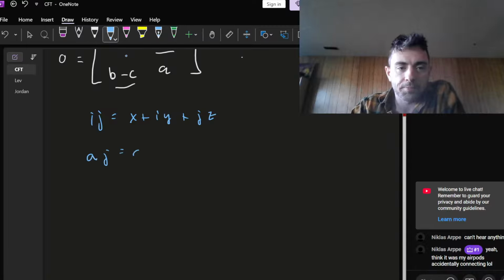Defined by ring homomorphism from K into the center. Yeah. So yeah, I don't think there's a lot to say about it, right?